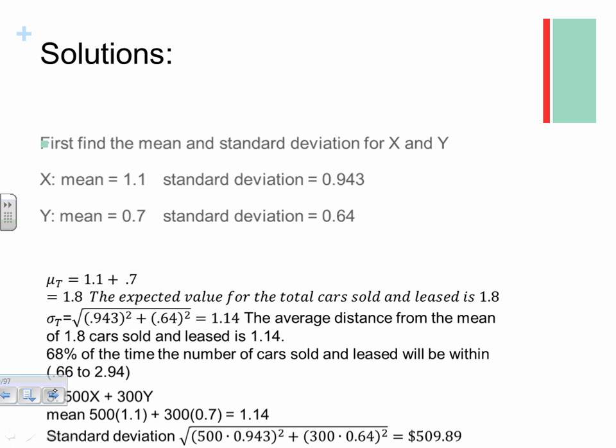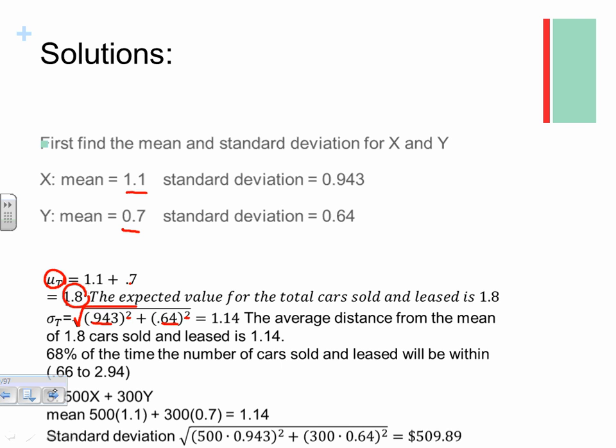So to find the mean and the standard deviation of x and y, that's what I got. Then to find the new mean of the total here, you add up both of those, and I got 1.8. To find the standard deviation, and these were independent, it said assuming that they are independent in the problem, then you take each of the standard deviations, square, and then square root.